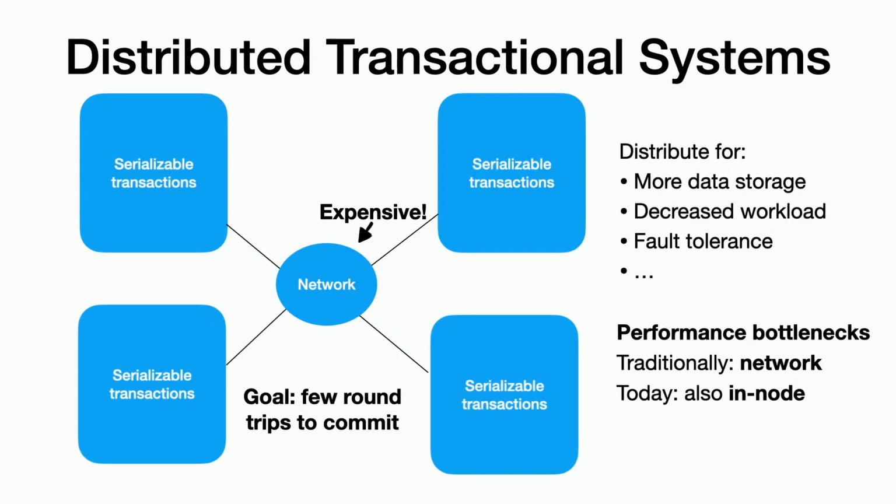So now we have to talk about how to ensure that there is parallel processing within each node, as well as keeping the number of network round trips low. This is the setting we call the parallel distributed transactional system. We want parallelism within each node, and we also want to distribute our data.